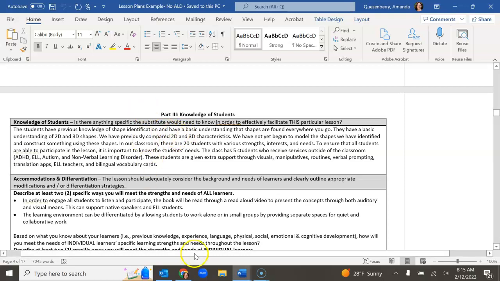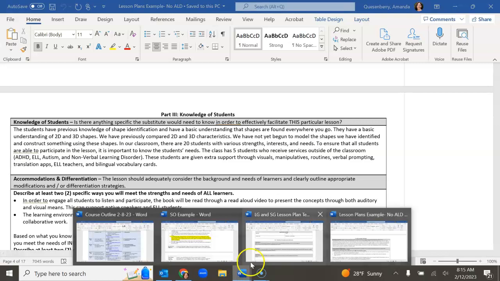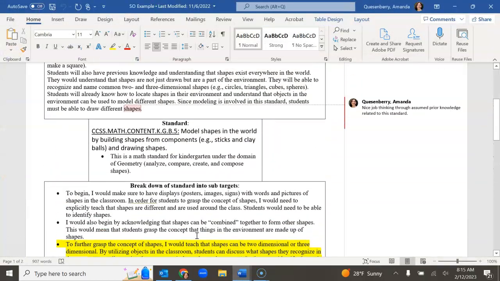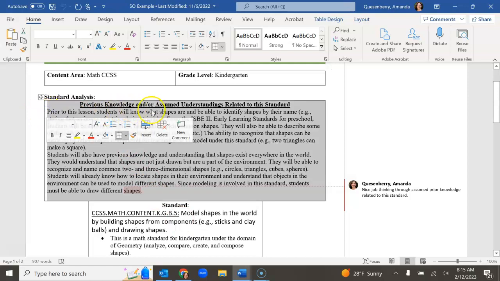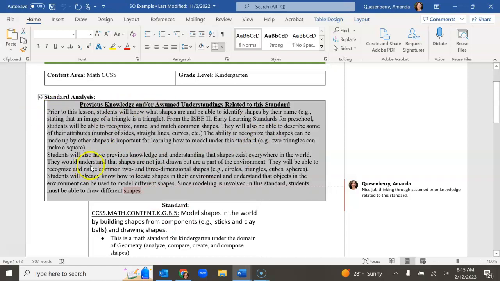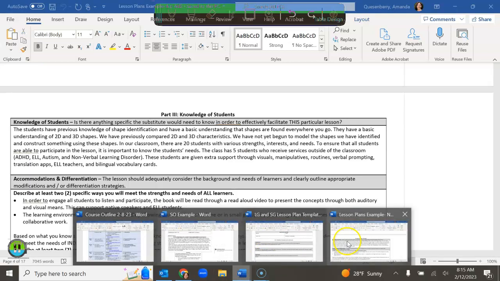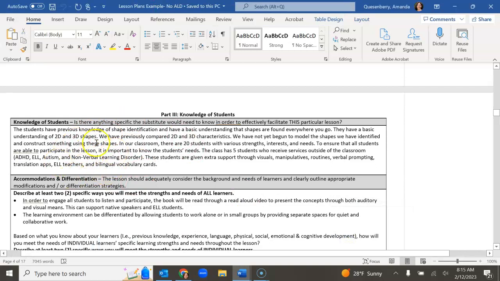So what might help is to go to your standards and objectives assignment to look at this piece where you state what you would assume students would know about this particular standard that you're addressing in your lessons. So you can draw from this piece to write this information.